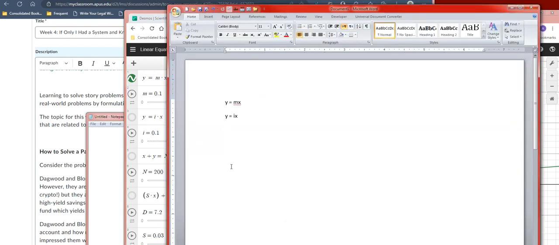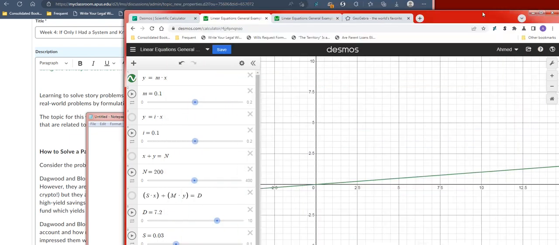I'm just going to write this out here to remind you: 10% implies 10 divided by 100 is equal to 0.10. Right? You got that part. Okay. So let's go back and resume our discussion over here.